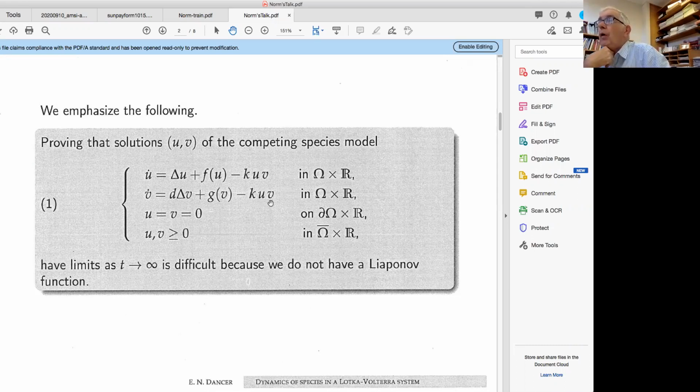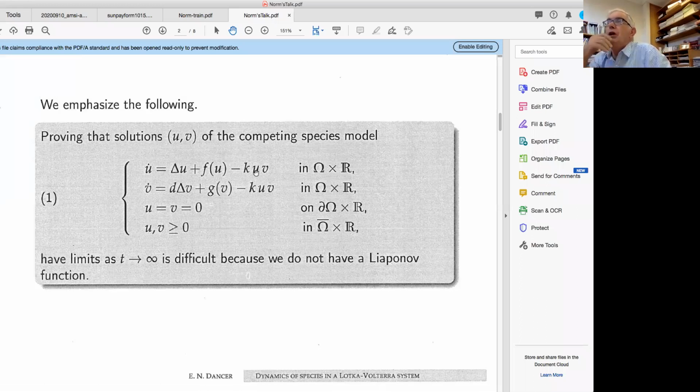So in fact, if V is not small, this term KV, which will then be large, times U is a big damping term, and that tends to push U rapidly down towards 0.